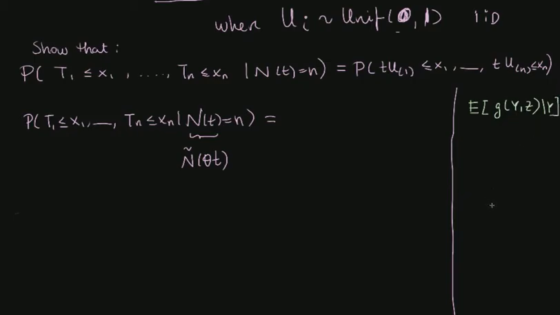So what's the conditional expectation of g of Y comma Z given Y? Now, one way we can do that, according to the tower property, is that I can always condition on something more.